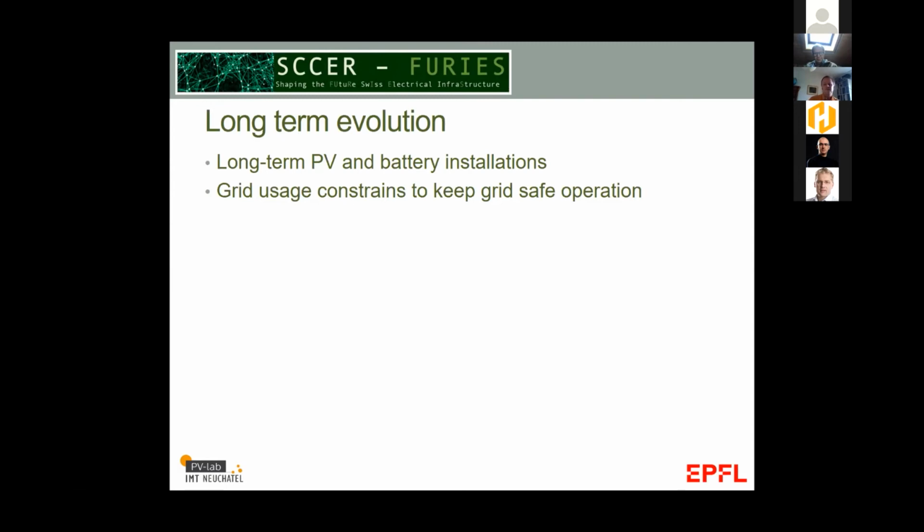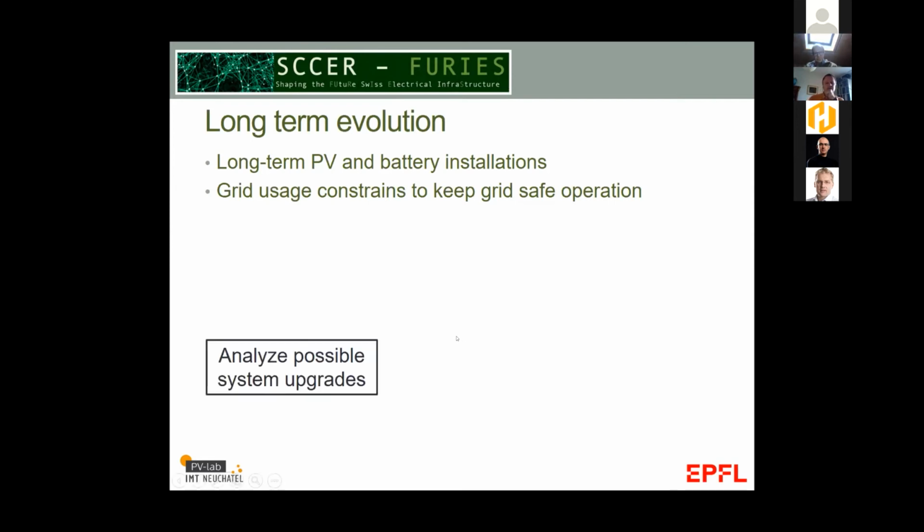So what we tried to do was to look at this long-term evolution of PV and battery installation, and also try to introduce constraints in the grid usage to keep the grid in a safe operation.